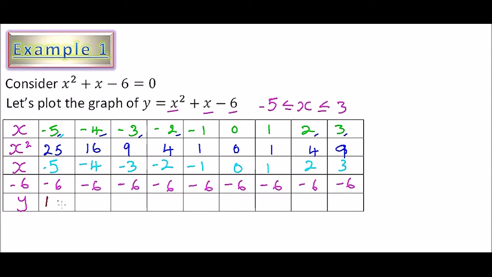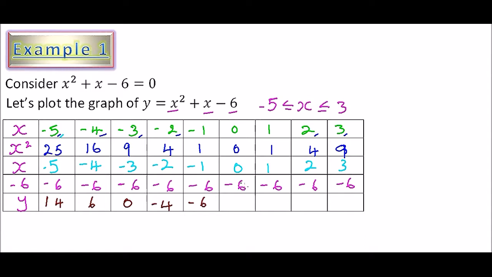So our value here is 14. 16 minus 4 is 12. 12 minus 6 we get 6. 9 minus 3 we get 6. 6 minus 6 is 0. 4 minus 2 is 2. 2 minus 6 we get minus 4. 1 minus 1 is 0. Minus 6 we get minus 6.